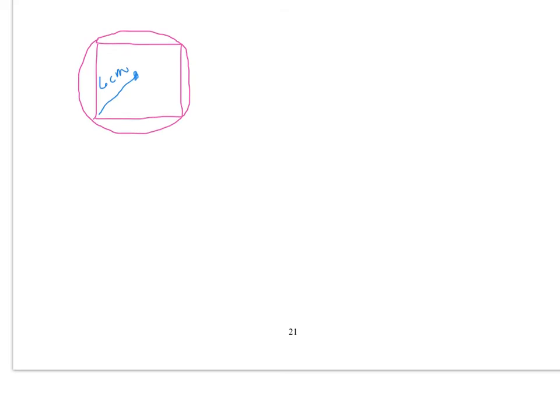So as always, I'm going to draw my little right triangle. And this is what my focus is going to be on until I have to multiply at the end by how many of these I would have. All right, so if you're only given one side length, what you have to do is find that top angle. We're going to find the central angle.